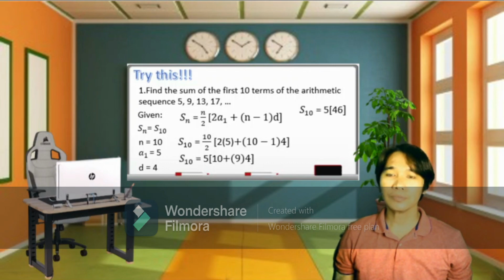Then multiply and add the numbers inside the parentheses: 9 times 4 is 36, plus 10, so we have 46. Then 46 times 5. So the sum of the first 10 terms of the arithmetic sequence 5, 9, 13, 17, and so on is 230.